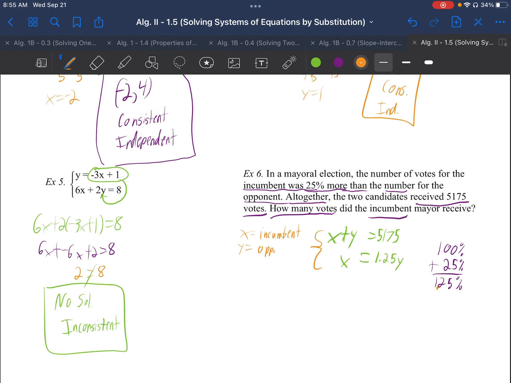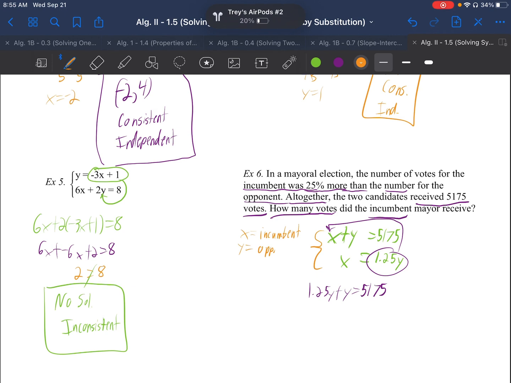So now, actually solving this, we have x by itself. So we're going to take this 1.25y and plug it in for x. So 1.25y plus y is equal to 5,175.